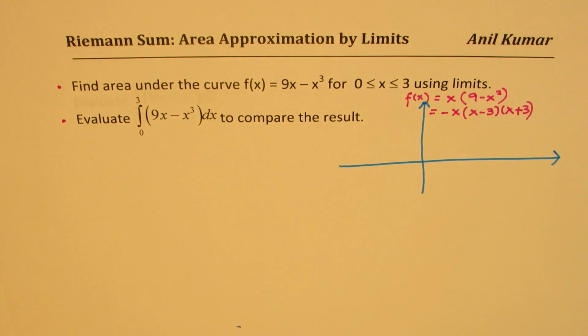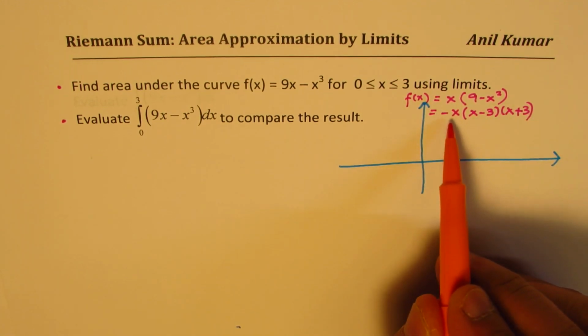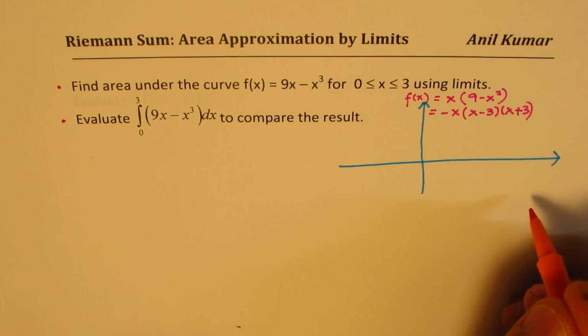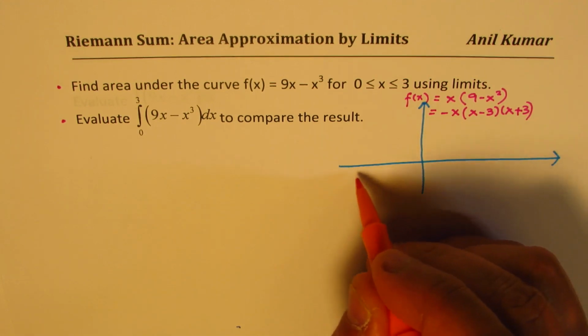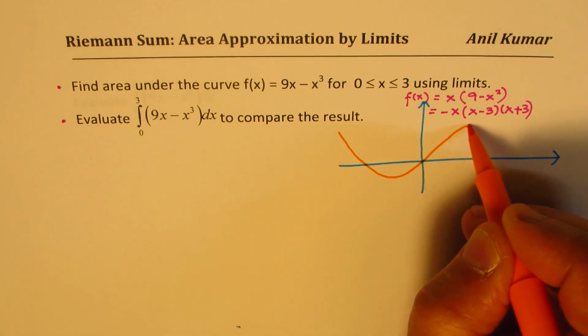So in limited space, we'll try to squeeze in the solution. A cubic function with a negative leading coefficient goes downwards, so the graph will be something like this.